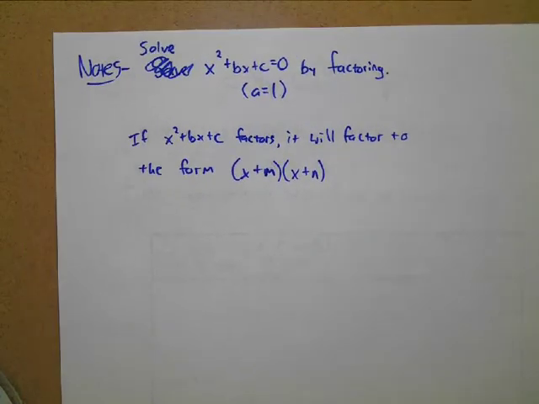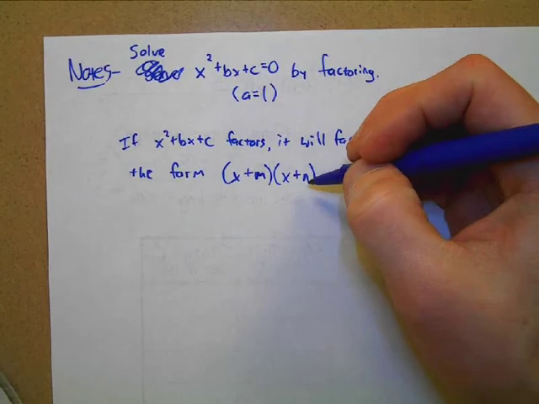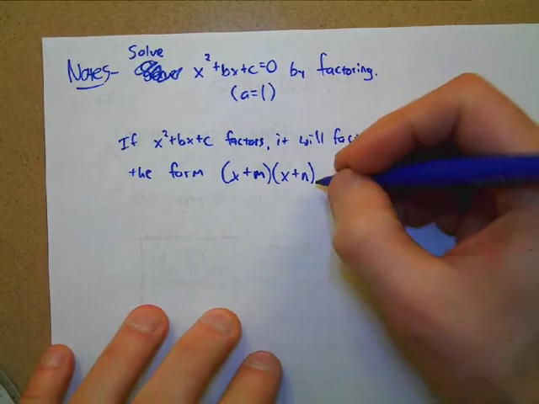So if we're going to factor x squared plus bx plus c, we know it will have to factor to the form x plus m times x plus n. The trick is figuring out what that m and what that n are.